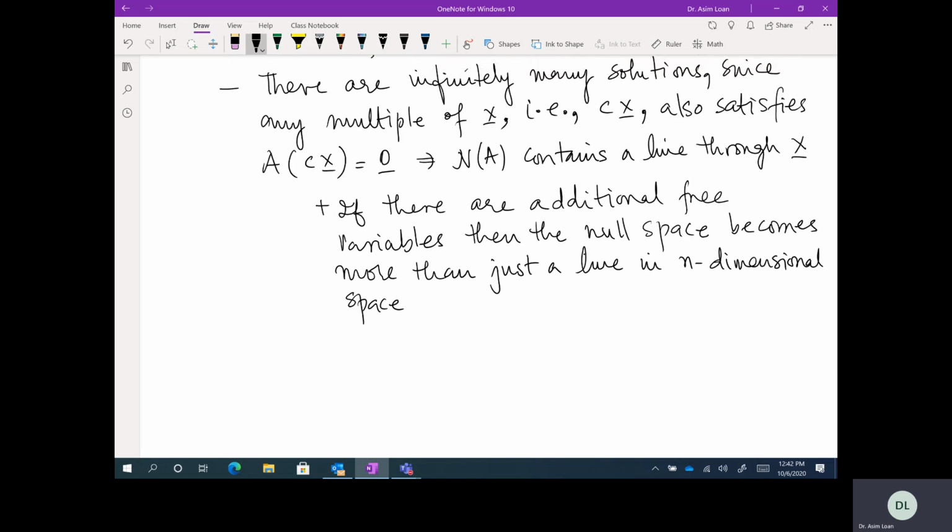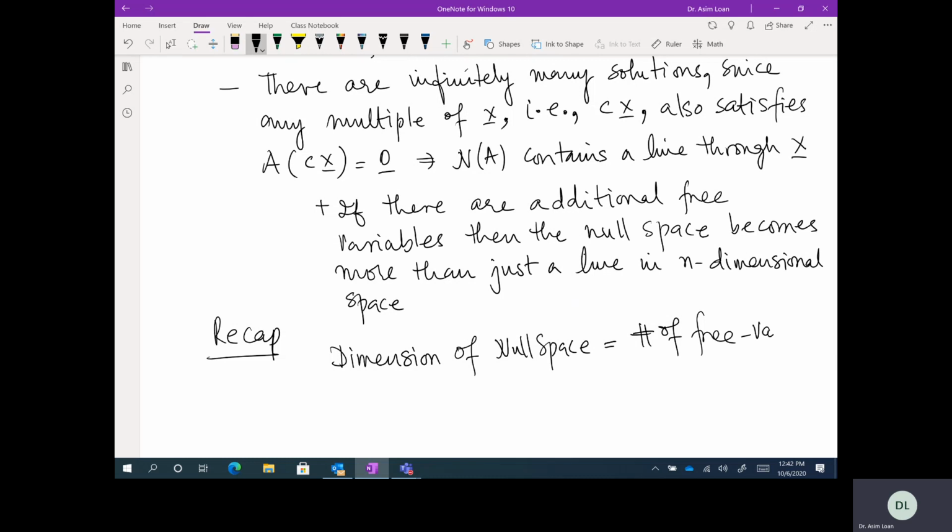So to recap, the dimension of null space, actually you don't have any idea what I'm writing, what is dimension, but the dimension of null space is equal to the number of free variables, and the dimension of column space equals the number of pivot variables.